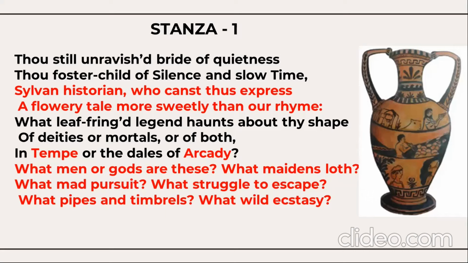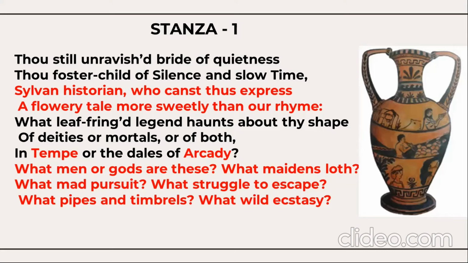So let's know. Again, John Keats is asking about the images and the scenes which are on this urn. So he's asking, what kind of images are they? Are these images of the gods or any human beings? Are these images of human beings or the gods, or of those maidens, those girls who are not willing to be loved by those lovers who are chasing them, or of those girls who are struggling to escape from such lovers?